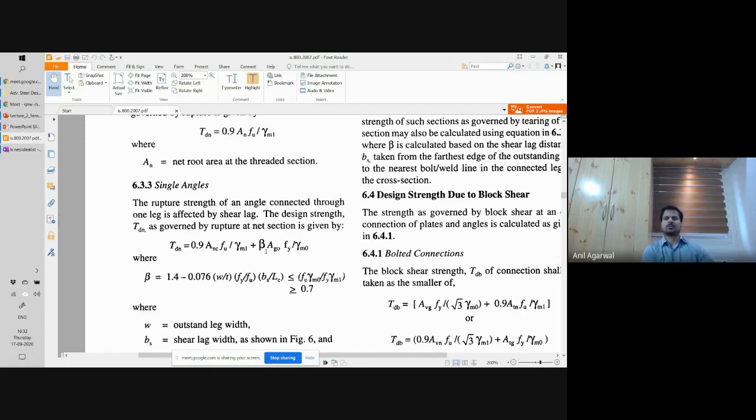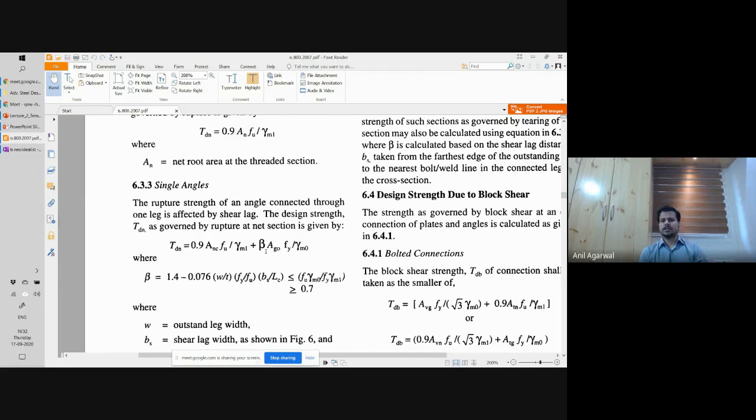If, for example, this was a uniformly loaded cross section, somehow you are loading it uniformly, let's say, and you had an angle which is uniformly loaded, but somewhere in the middle you have a hole in one leg, then still you would consider the net section rupture of the entire cross section. Right?